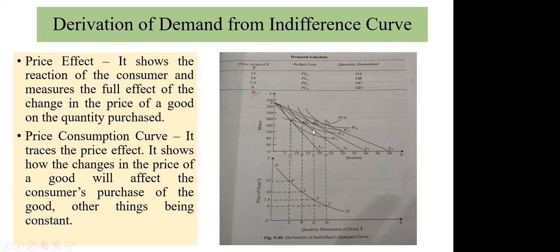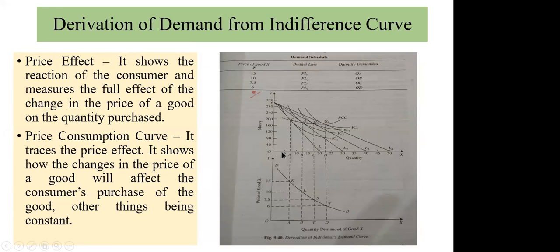At PL2, the IC2 curve is tangent at point Q2, so the consumer is in equilibrium. At Q2, the consumer is buying OB quantity. If we trace these two pieces of information, that he is buying OB quantity and the price is 10, we get this point L.